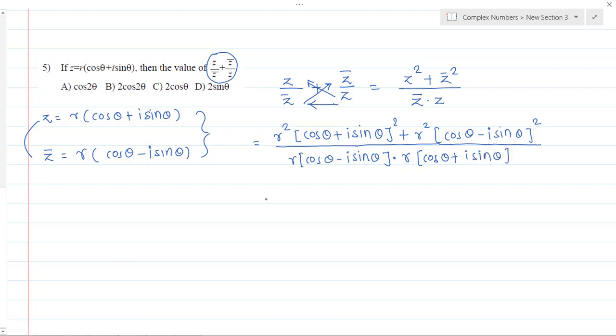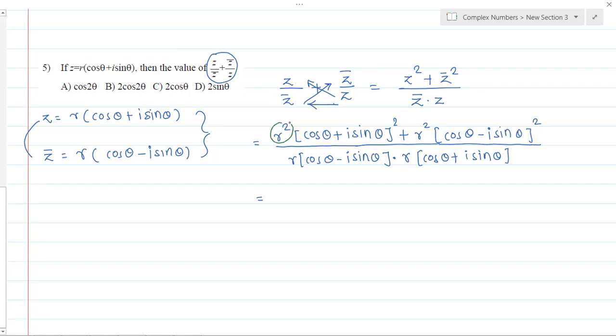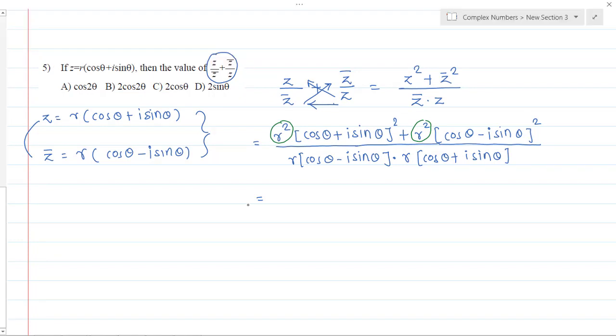Very good. See here, from the numerator I can take r square common, which is there in both terms. So r square into, what you can write here, cos theta plus i sin theta. Using De Moivre's theorem, this will be cos of 2 theta plus i sin of 2 theta.